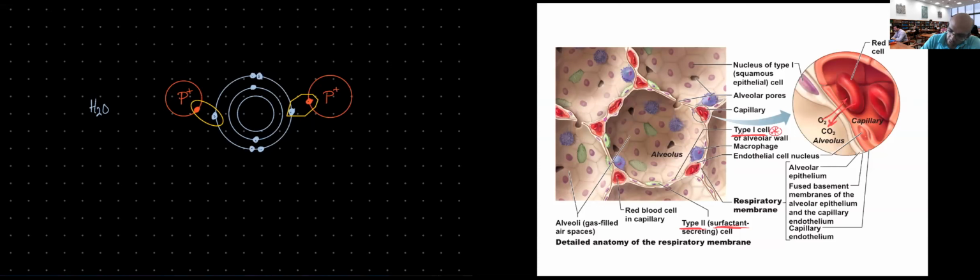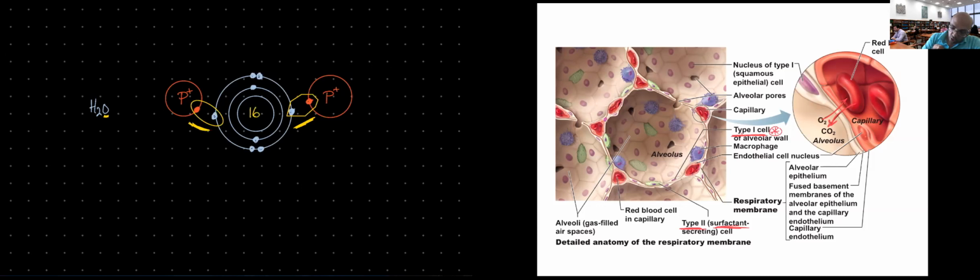The chemical bond where I will be sharing electrons, this is what we call the covalent bond. So the attachment between the oxygen and the 2 hydrogens is a simple covalent bond where the oxygen is sharing 1 pair of electrons with each of the 2 hydrogens. This is how the water molecule is going to look.